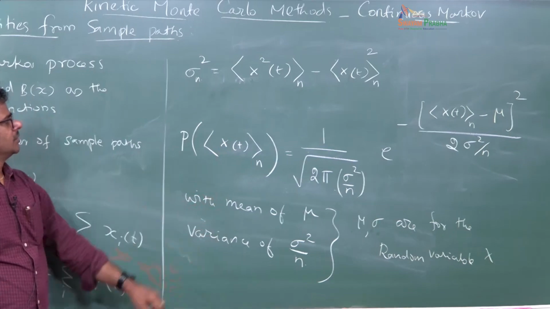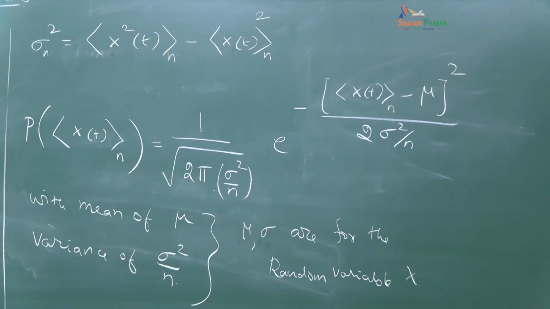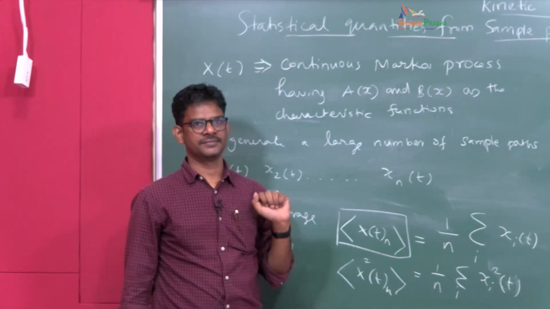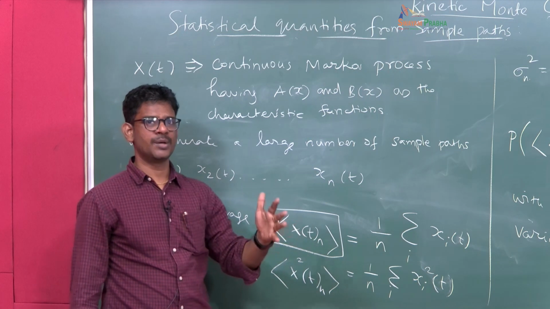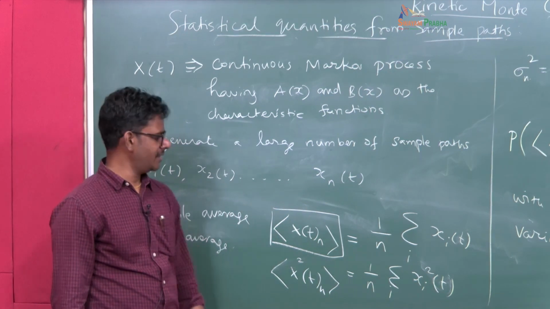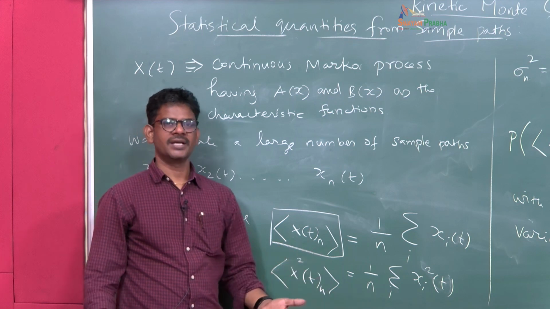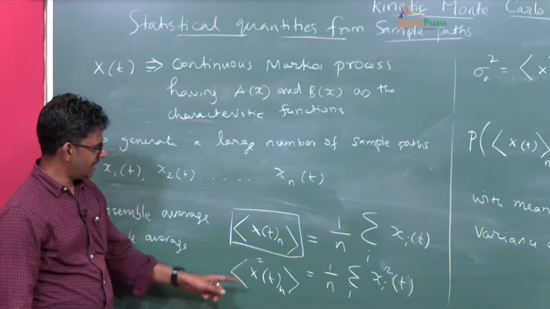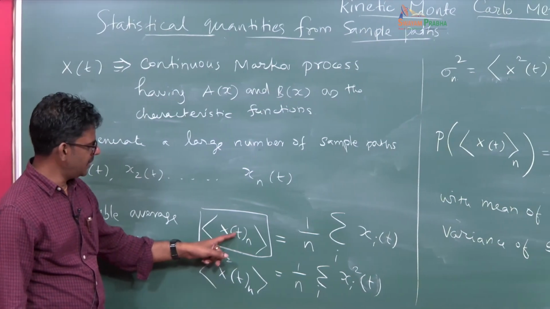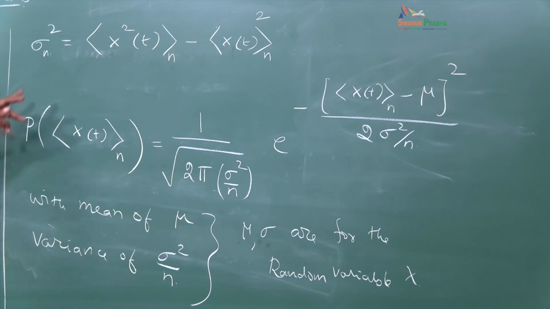Okay. So ideally, this mean and this variance should be the true mean and variance of the stochastic process x of t, and that we can get if I can create an infinite number of samples. But like I said, we cannot possibly get an infinitely large number of samples, we can get a finite number of samples large enough. So we calculate then the mean and variance from a finite sample of size n.